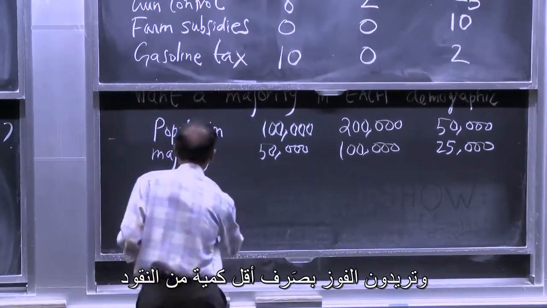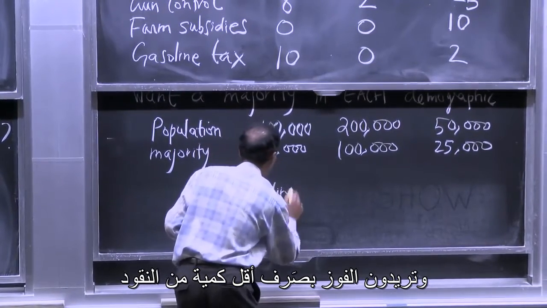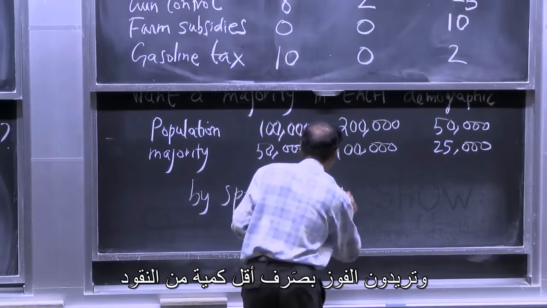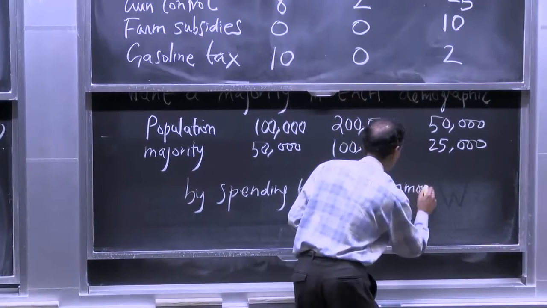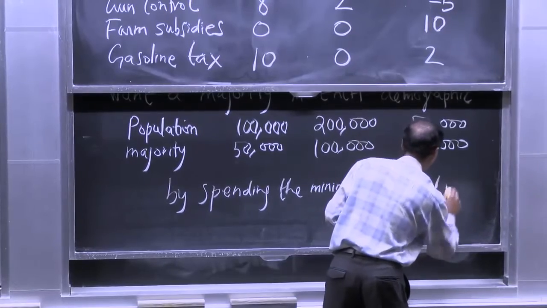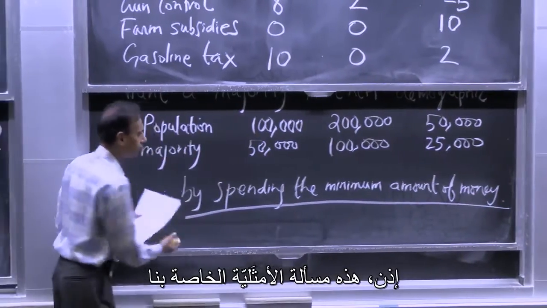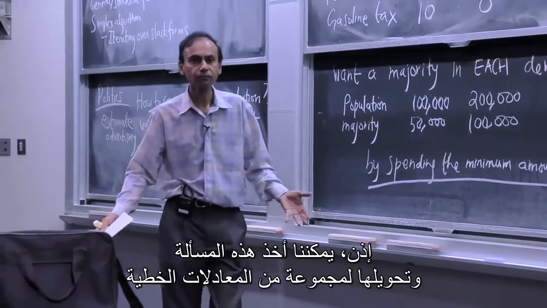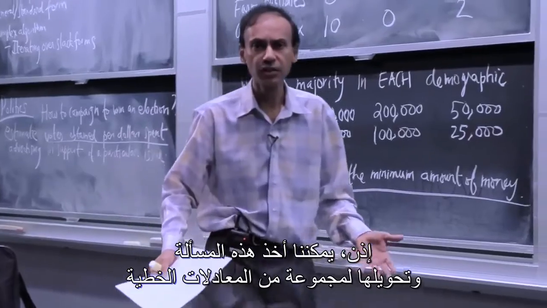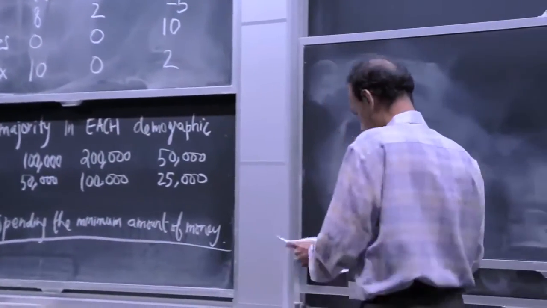And you want to win by spending the minimum amount of money. Right, so that's our optimization problem. So we can take this and we can convert it to a set of linear equations. And that's going to create our linear program, our first linear program.